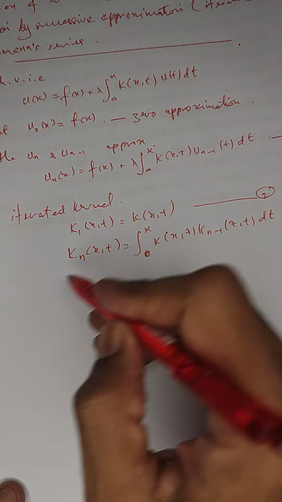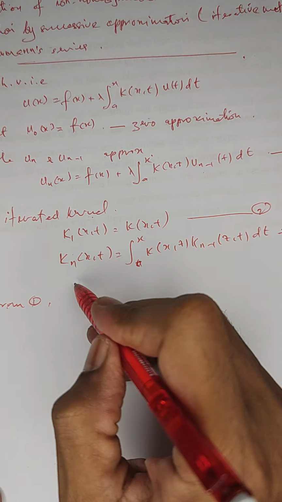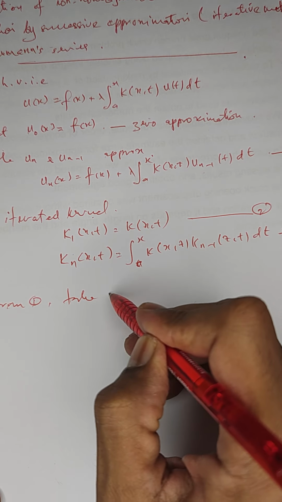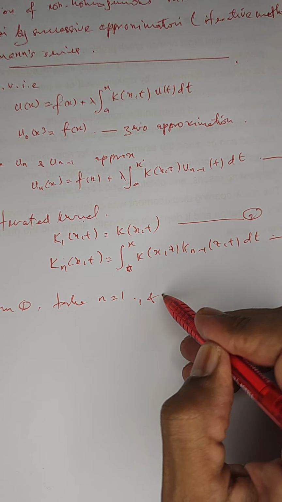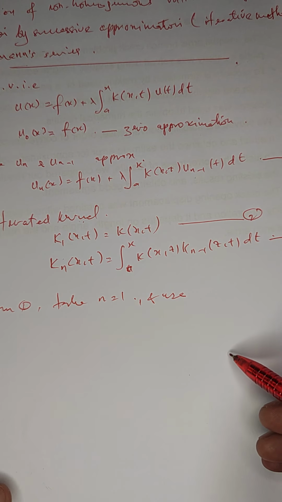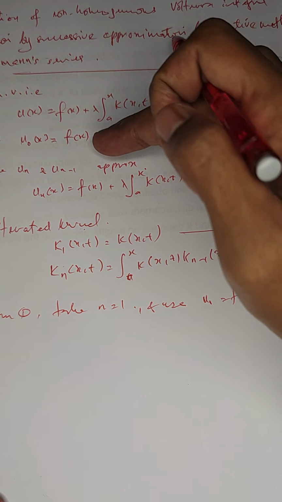Okay, so let me write those. So from 1, we take n equal to 1 and use u0 equal to f(x), our first approximation here.